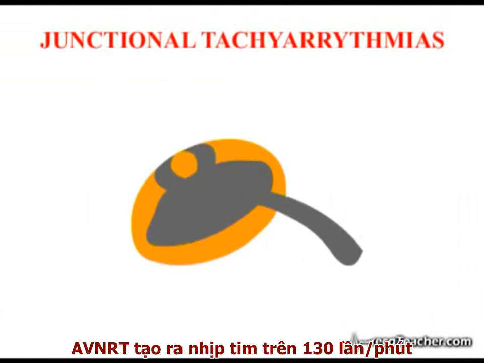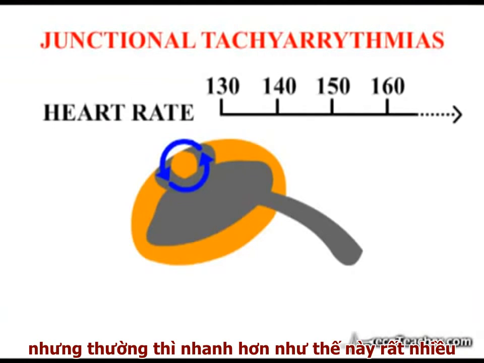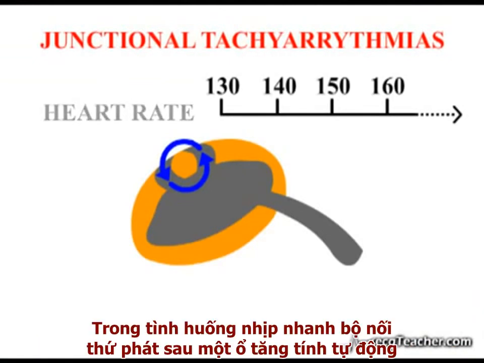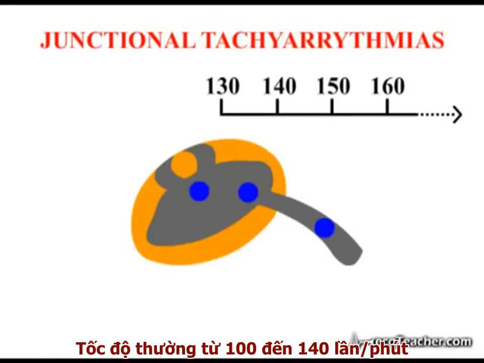AV nodal reentrant tachycardia generates a heart rate greater than 130 beats per minute, and often much more rapid than this. In a junctional tachycardia arising secondary to a focus of increased automaticity, the rate tends to lie between 100 and 140 beats per minute.